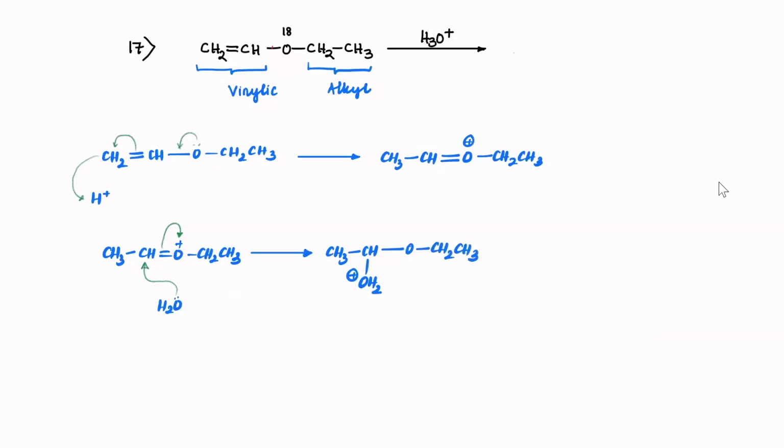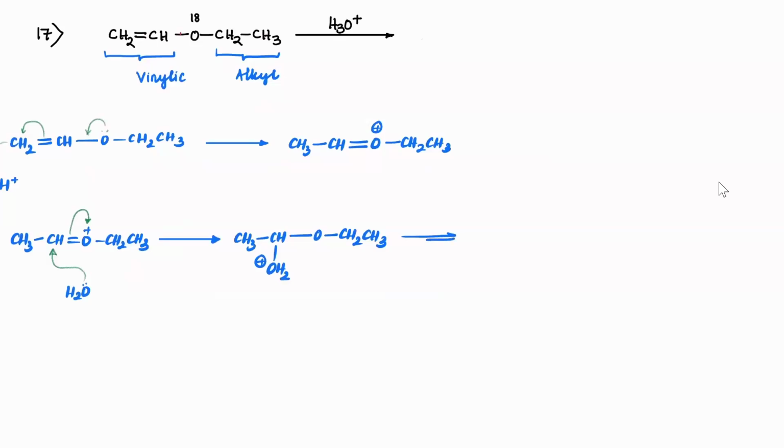This is what is going to happen. And that will help in making an intramolecular proton transfer, which means the lone pair on this oxygen will take H plus internally from this position, and that converts into CH3, CH, OH, and then we have OH plus on this side and CH2, CH3. This is what you would get.